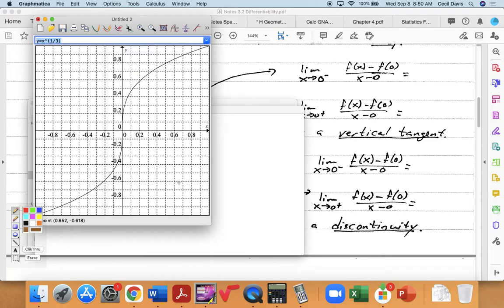What's going on there? From either side, what kind of slopes are we getting? They're positive slopes on either side, and they are practically vertical, correct? So as we move closer to 0 from either side, we're going to get positive infinity.